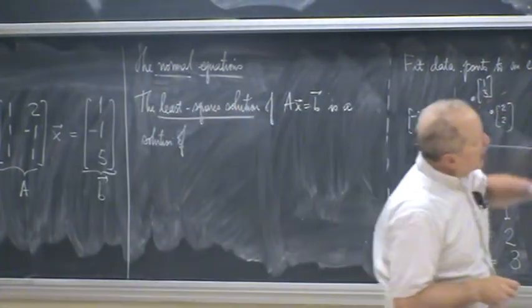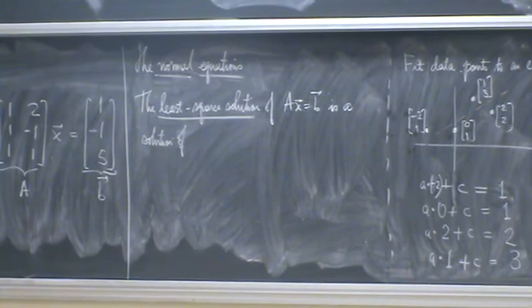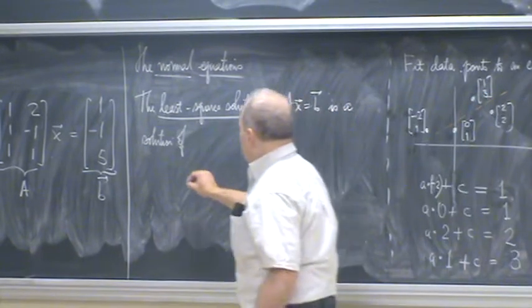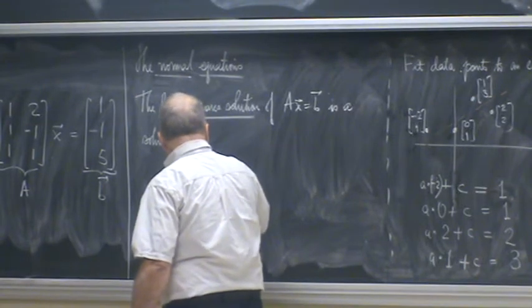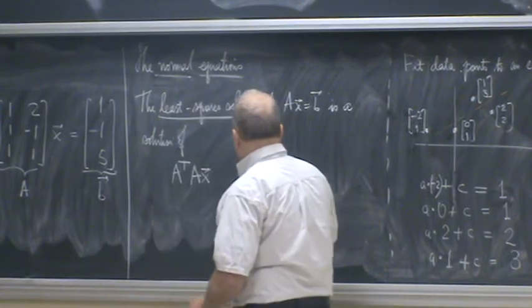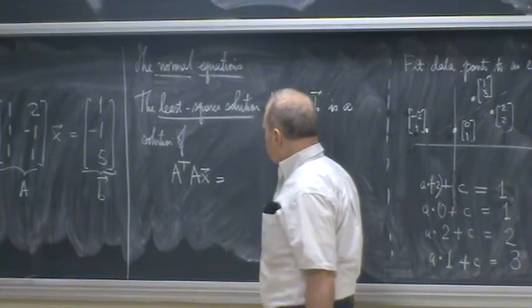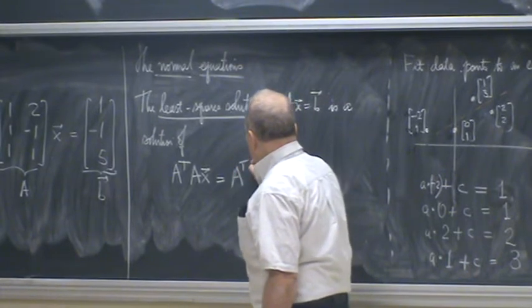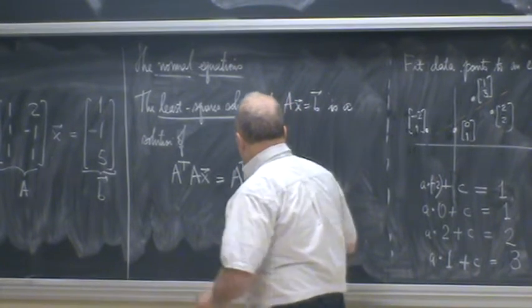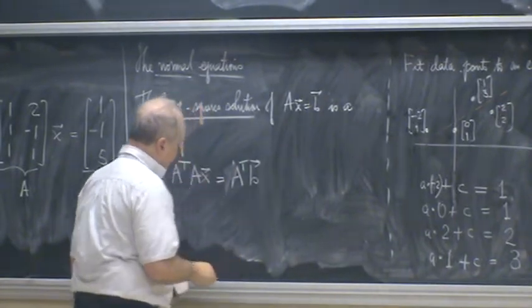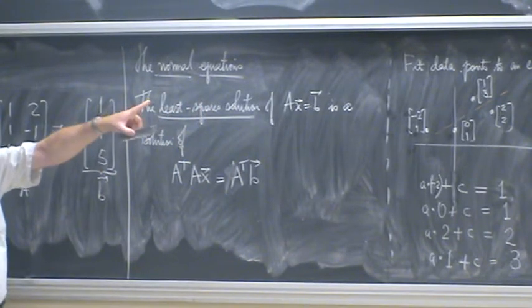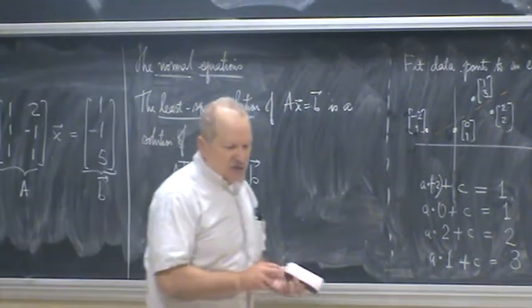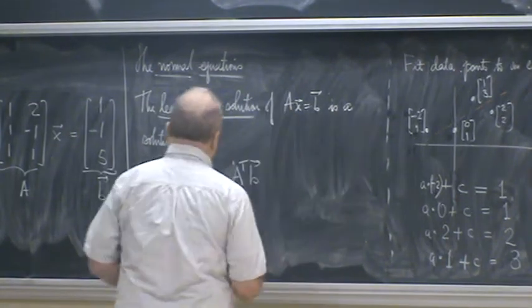It says A transpose A X equals A transpose B. All right? You put the A transpose B on the other side of that equation, that's what you have. And that's what's called the normal equations.